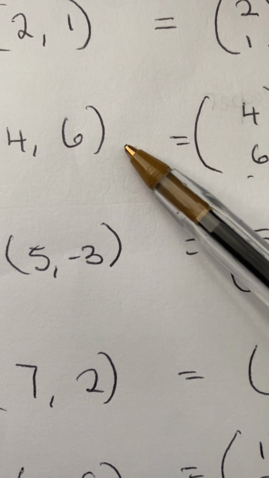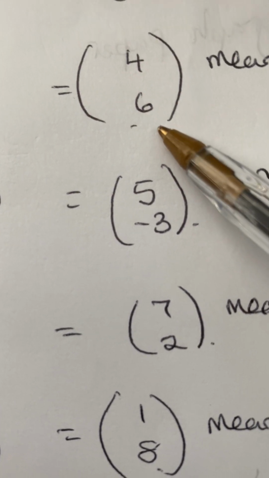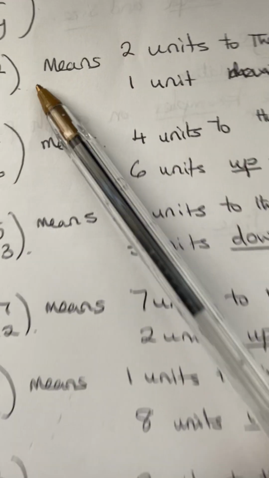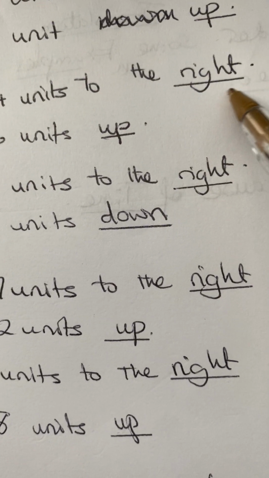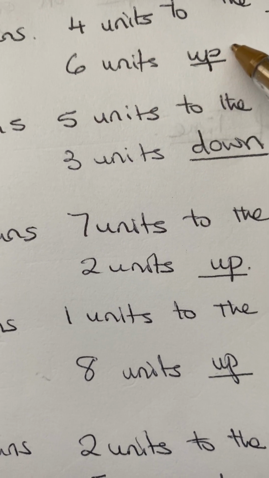Now 4, 6 in the vector form is 4 and 6. So here again, 4 units to the right, 6 units up.